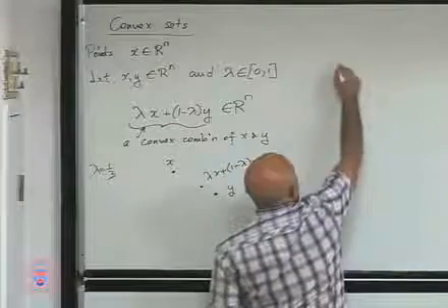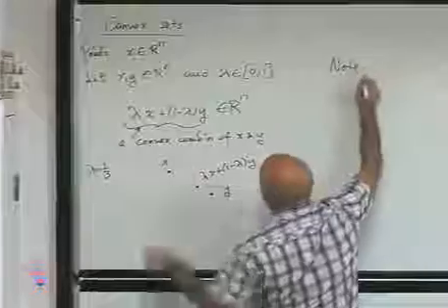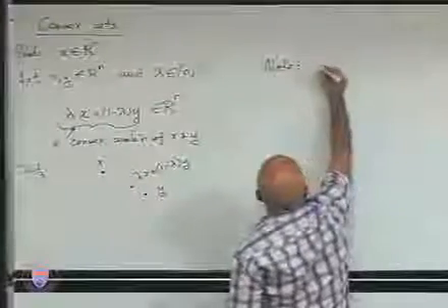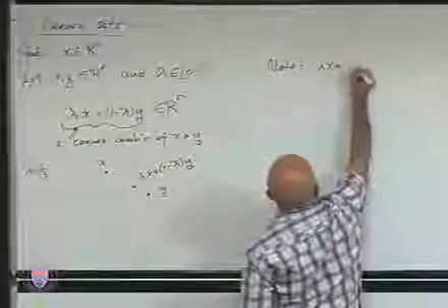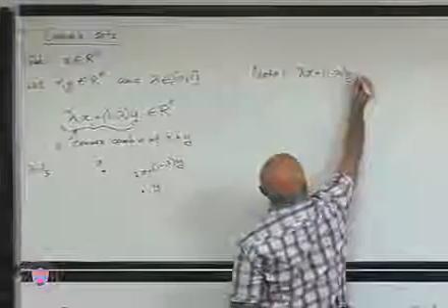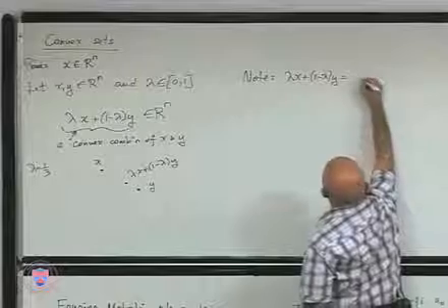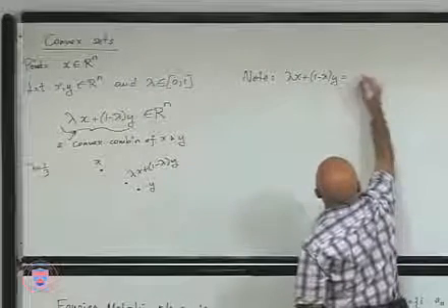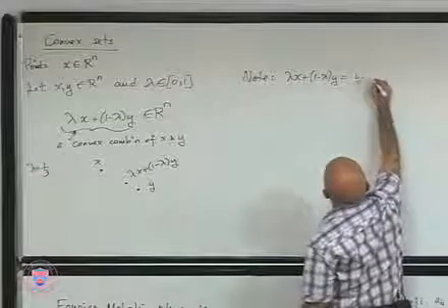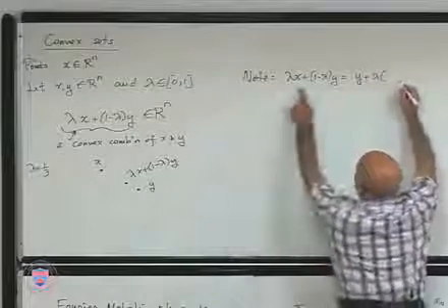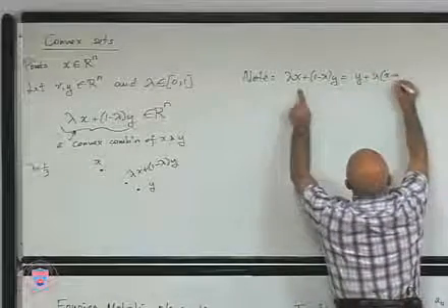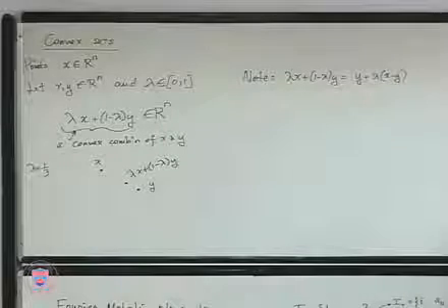Because you can also think of a convex combination in the following way. Lambda x plus 1 minus lambda y is the same thing as, so what is this? Y plus lambda into x minus y.